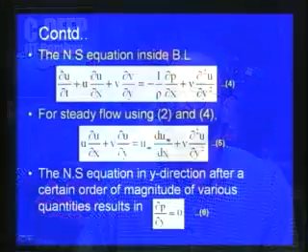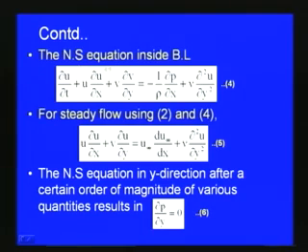For 2-dimensional flow, the Navier-Stokes equation inside the boundary layer can be written as del u by del t plus u into del u by del x plus v into del u by del y is equal to minus 1 by rho del p by del x plus nu into del square u by del y square, where u and v are the velocities in the x and y directions, rho is the density, p is the pressure, and nu is the kinematic viscosity of the fluid.